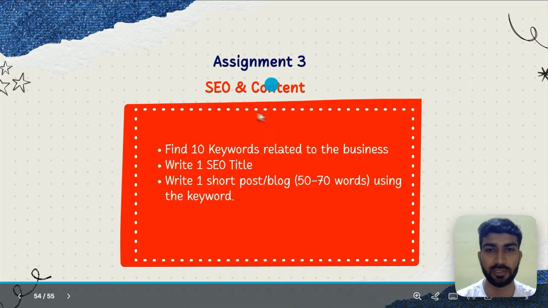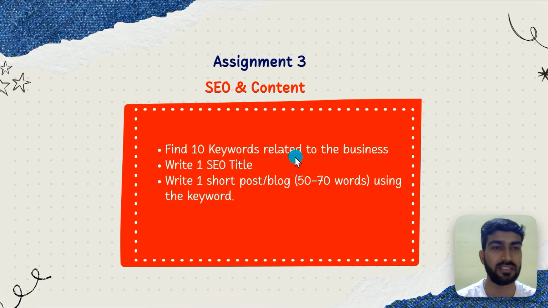You have to do at least 10 keyword research. Using those 10 researched keywords, you can write one blog post of 50-70 words. And I suggest that you must use the Small SEO Tools website. After using that website, your content will look unique.